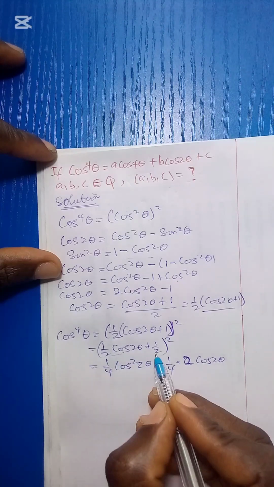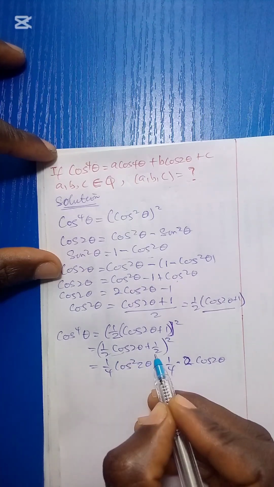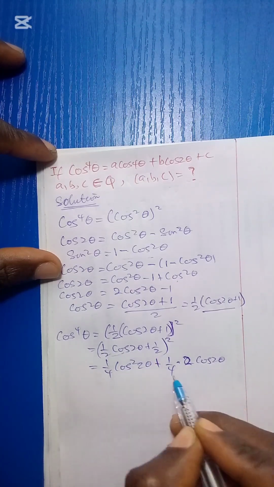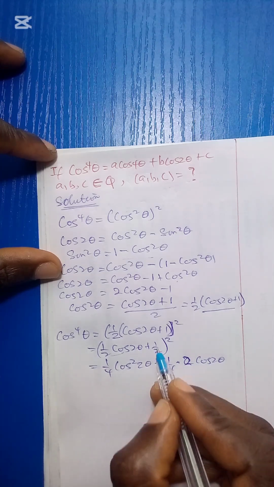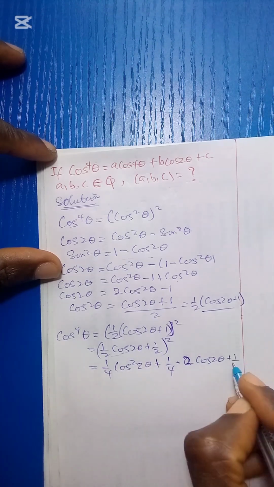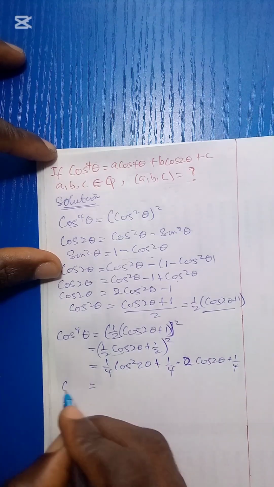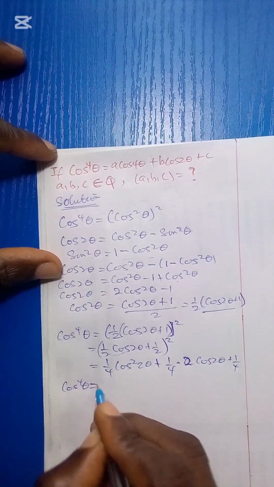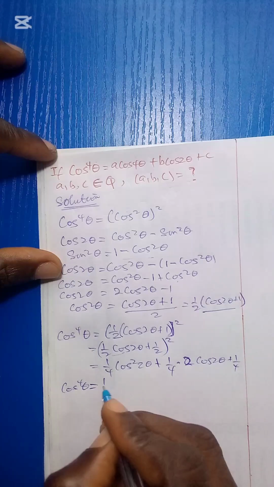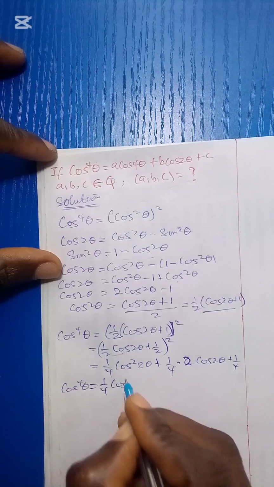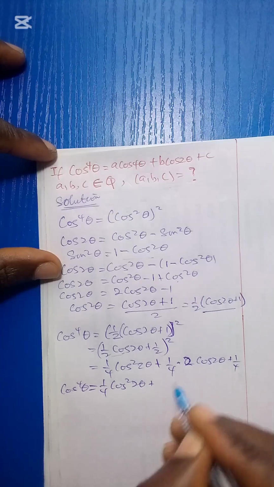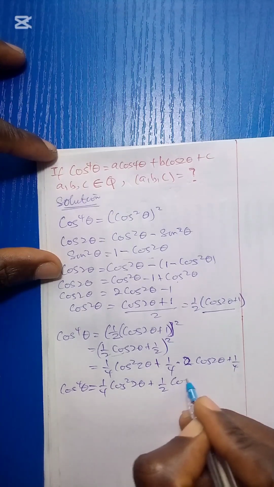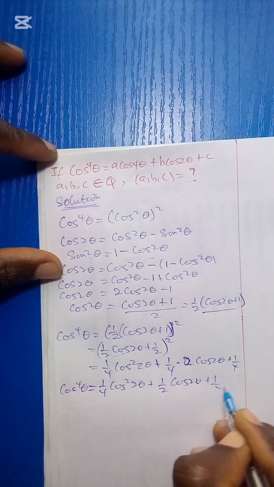If I multiply this by this, I'll get half of it. Then multiply this by this, I'll get the other half. It becomes 1 over 4 times 2 times cos 2 theta. Now 1 over 2 times 1 over 2 will give us 1 over 4. So cos to the power 4 theta will now be equal to 1 over 4 cos square 2 theta plus, if I divide this by this, I'll get 1 over 2, then cos 2 theta plus 1 over 4.